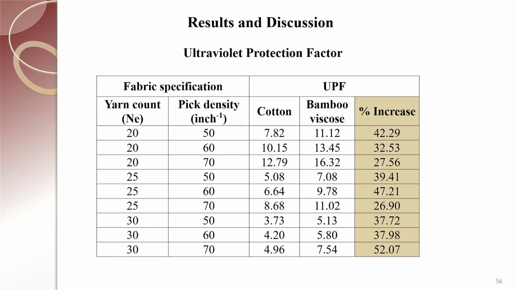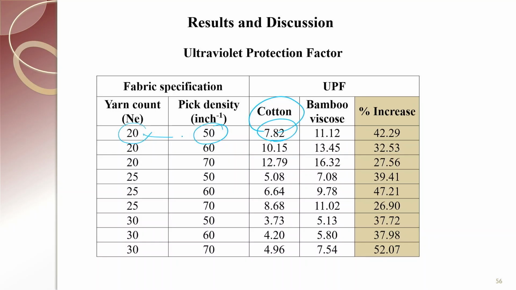For cotton fabric, for 20 count yarn at 50 picks per inch, the UPF value is 7.82.